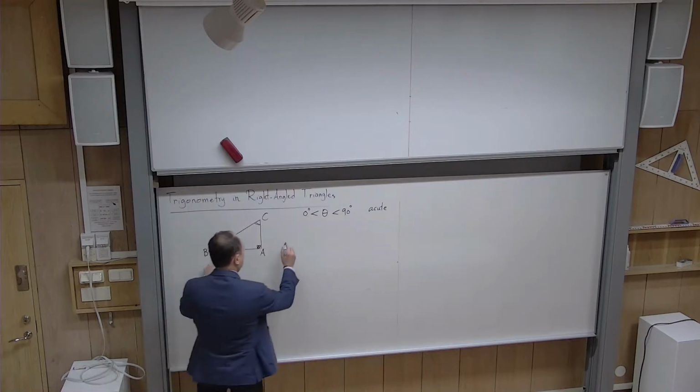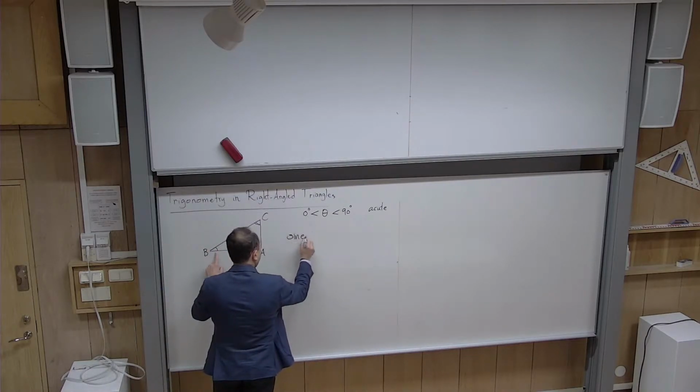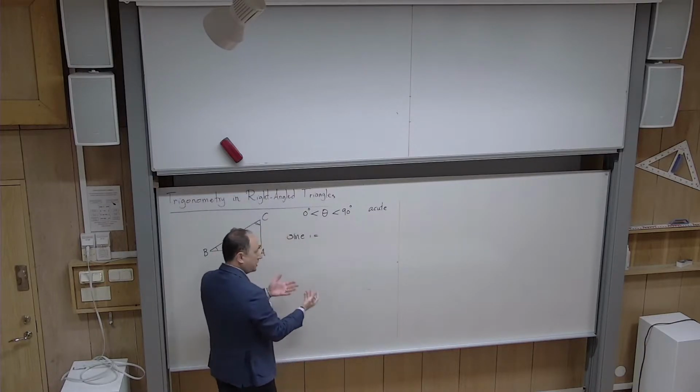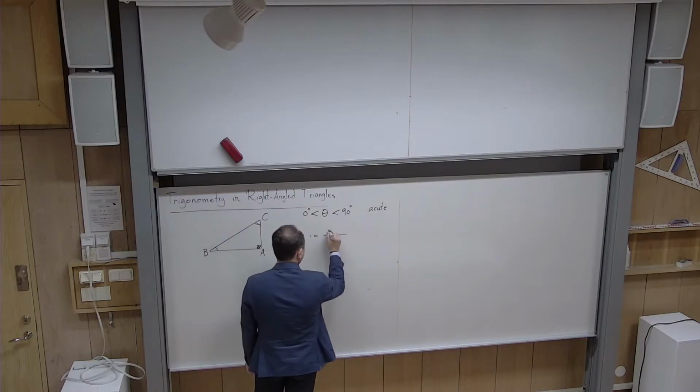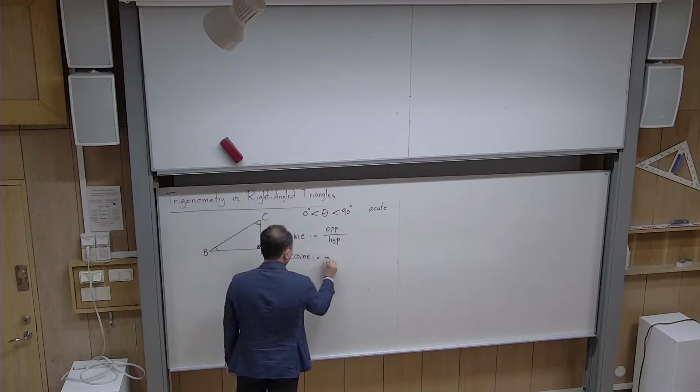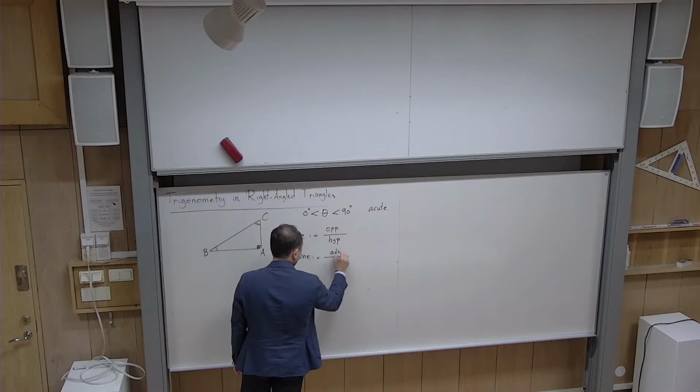So sine of an acute angle is defined to be, the semicolon equal sign means defined to be equal, the opposite divided by the hypotenuse. And then cosine is defined to be adjacent, I will describe them of course, divided by the hypotenuse.